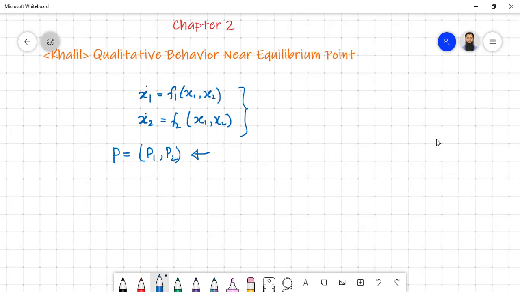Let's look at the process that this book says you should follow, which is basically expanding this equation in a Taylor series.